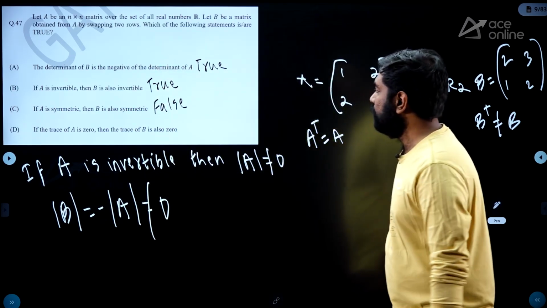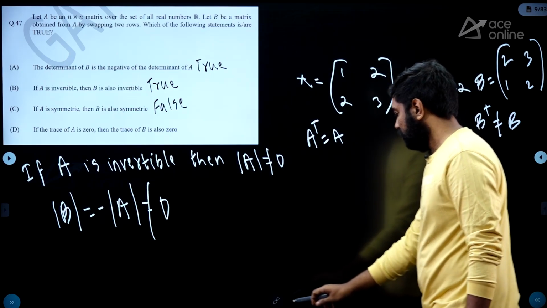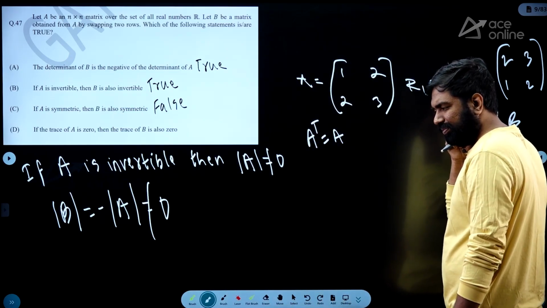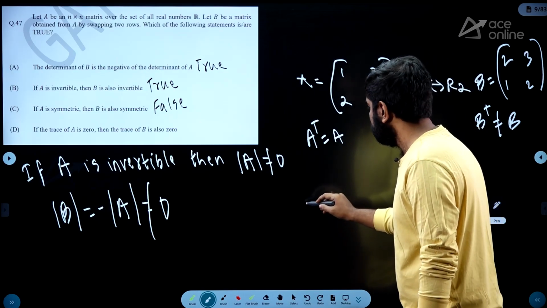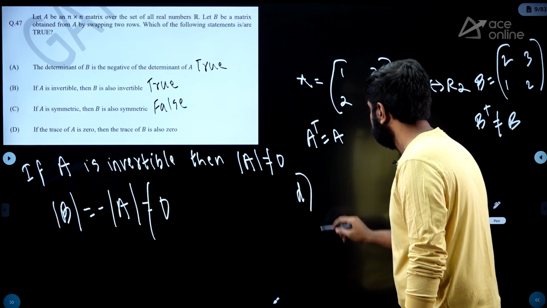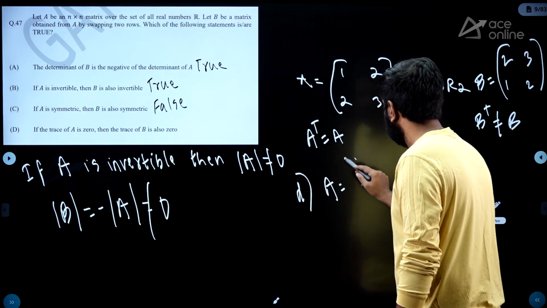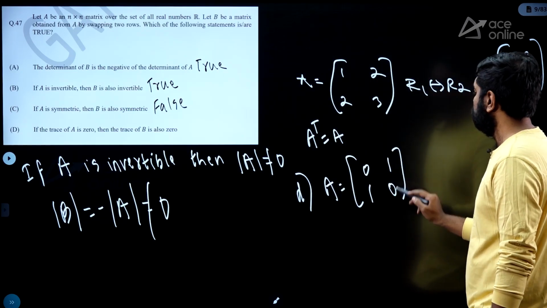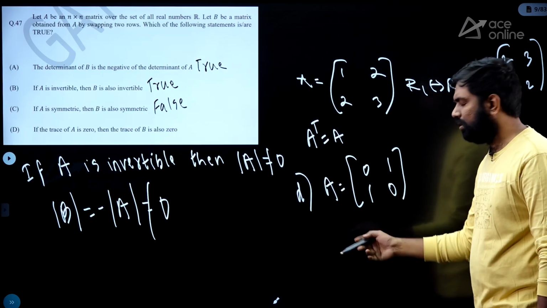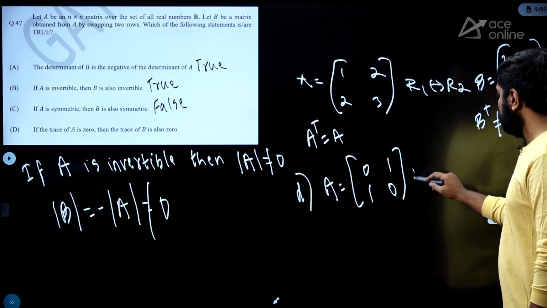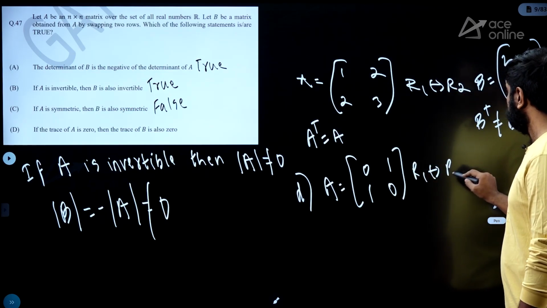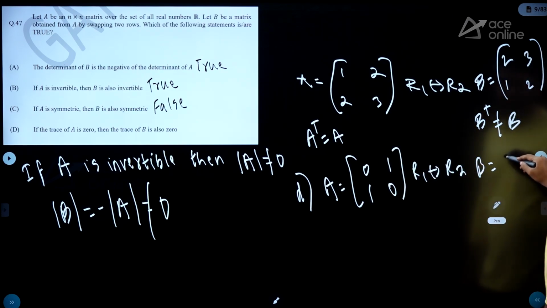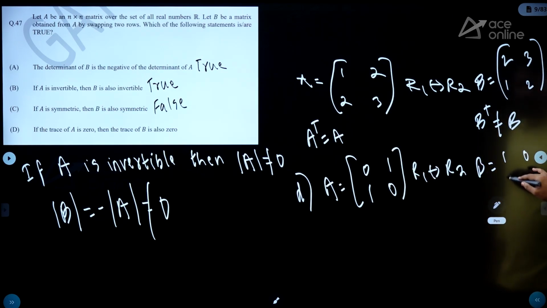If the trace of A is 0, then the trace of B is also 0. Is it? Let's create one example. What is the trace of A? 0. Let's interchange R1 and R2 and you get B. This is going here and this is coming down. This is 1, 0, 0, 1.